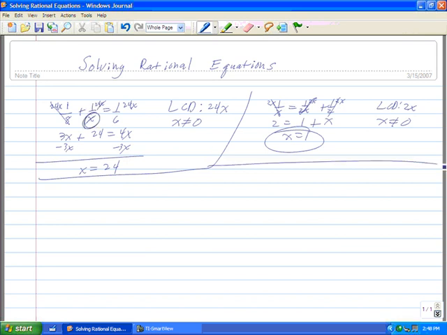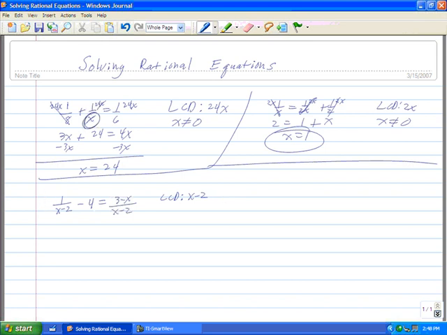Okay, let's move on. Now that we know that the 1 works and it's not extraneous, we're going to have 1 over x minus 2 minus 4 equaling 3 minus x over x minus 2. Now the LCD is going to be the x minus 2 because that's the only denominator we have.